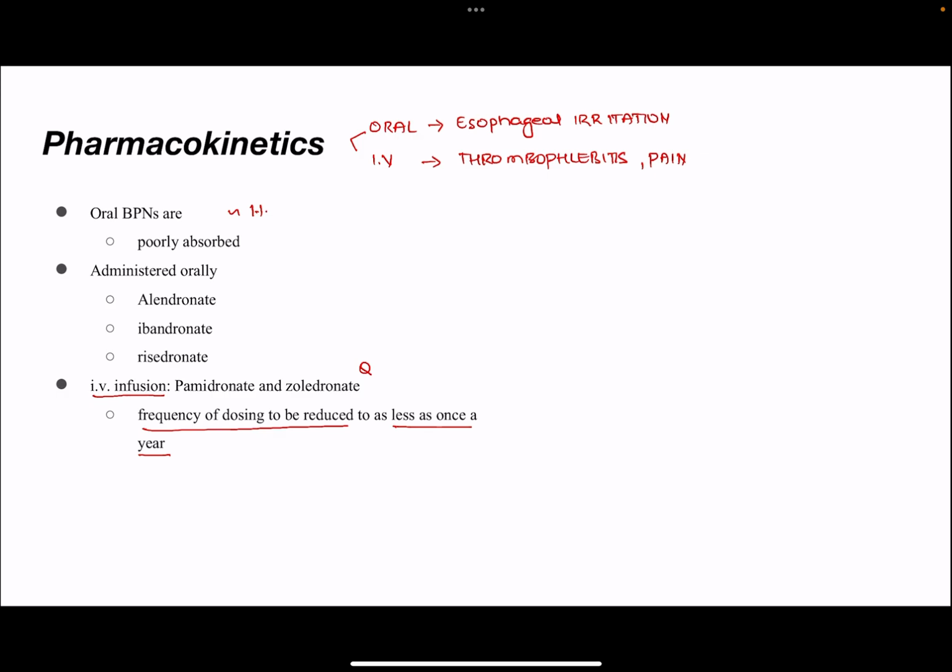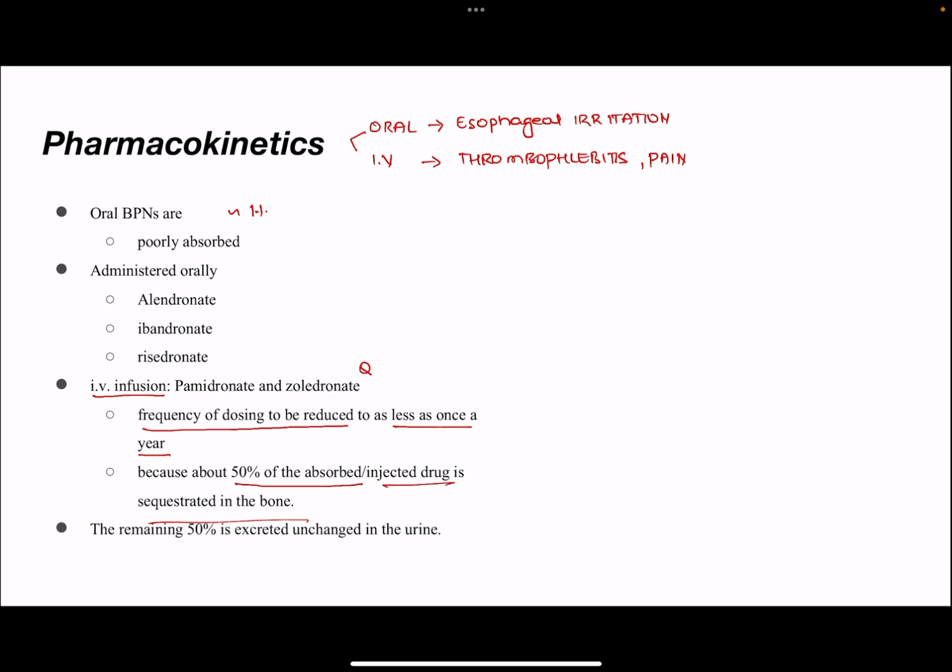Thereby these drugs can be given once a month or once a year, and only 50% of the absorbed or injected drug is sequestrated in the bone. Since lesser drug gets deposited in the bone through the oral route, we prefer IV infusion. The remaining 50% will be excreted unchanged through the urine.